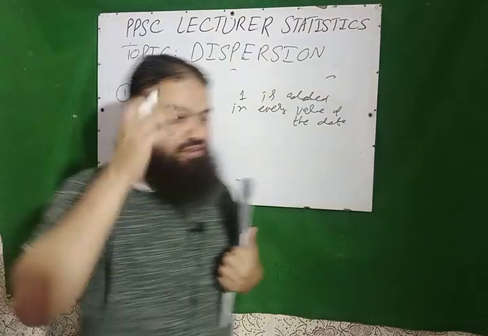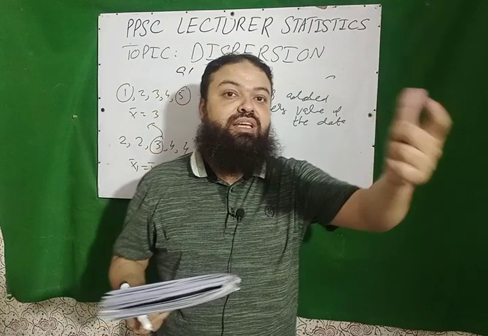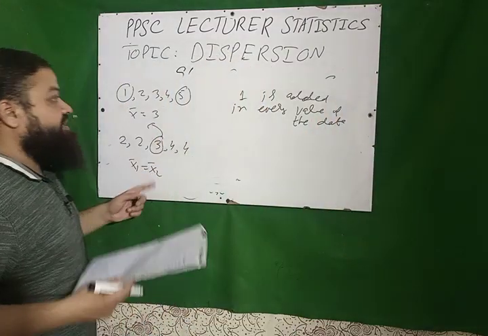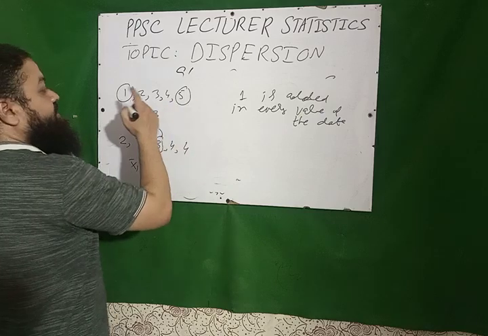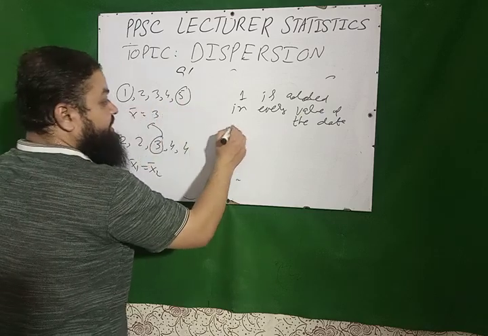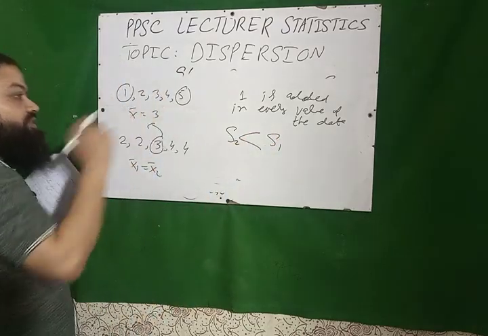If we add any constant to the smallest value and subtract it from the largest one, means are not affected, but standard deviation is affected. If we subtract a constant from the largest one, then the new standard deviation will be less than the previous one. You can prove it, you can check it.